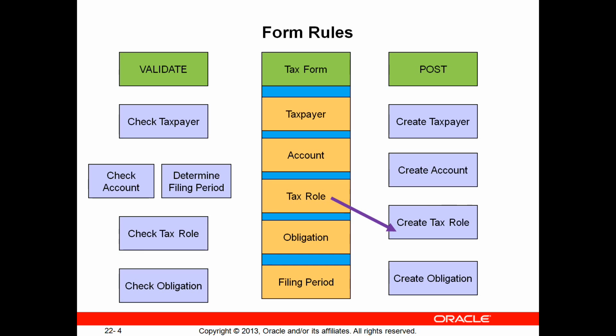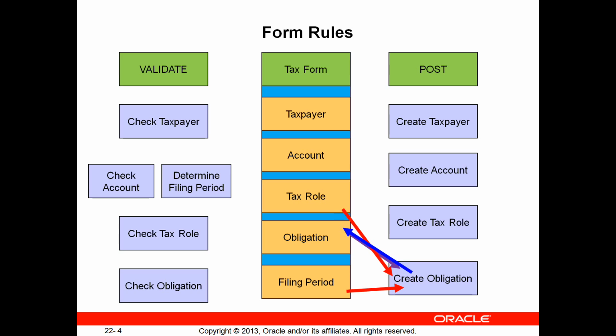If it does, no need to continue. If not, it will want to retrieve the account, the filing period, and then create the tax roll and add the tax roll ID on the form. Finally, the create obligation will check to see whether there's an existing obligation. If there is no obligation, it uses the filing period and tax roll to create the obligation. And that's how these things work together.